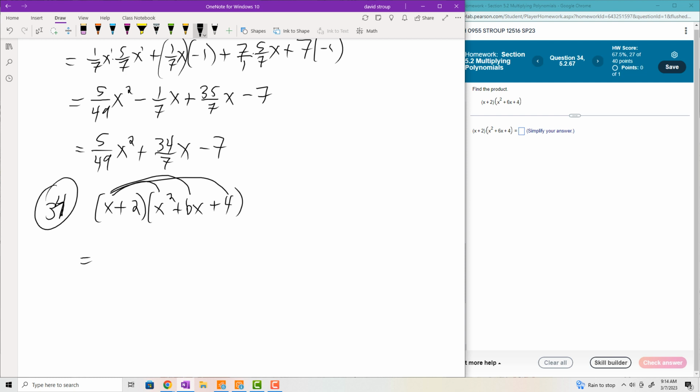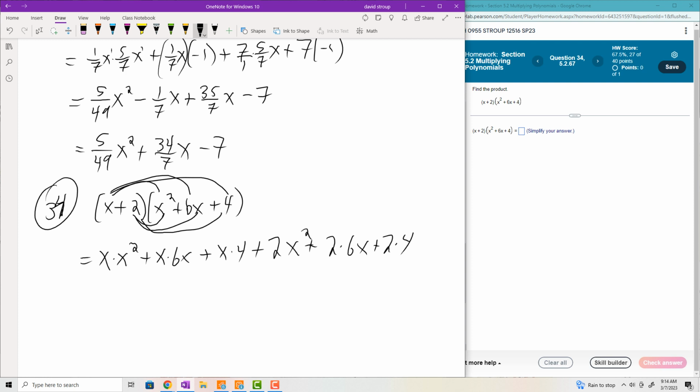Okay, so let me show you. So first, x times x squared plus x times 6x plus x times 4. And then you have to distribute the 2 to all 3 terms. Okay, so that'd be 2 times x squared plus 2 times 6x plus 2 times 4.